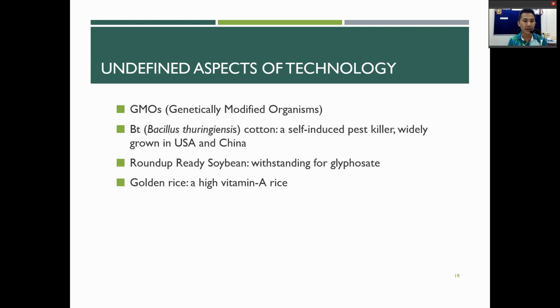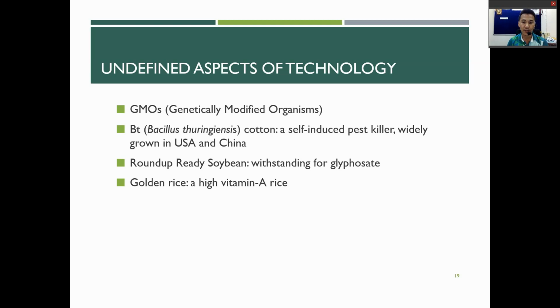Like Bt, Bacillus thuringiensis cotton, or Bt cotton. Actually, this type of cotton is a self-induced pest killer. Basically, it can produce a chemical induced by Bacillus thuringiensis that kills the pest, and this is widely grown in the USA and China.